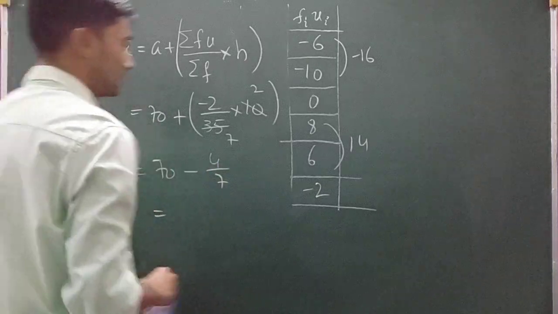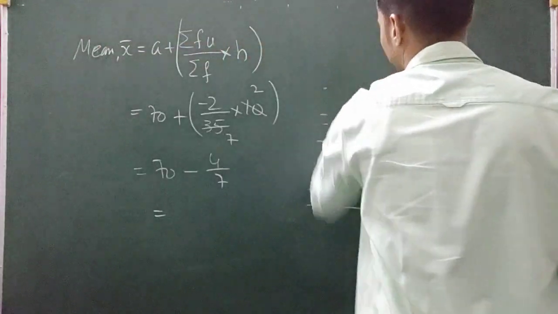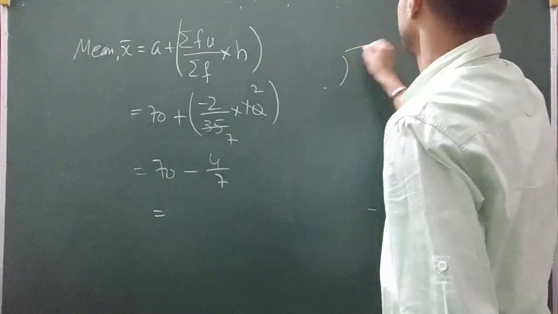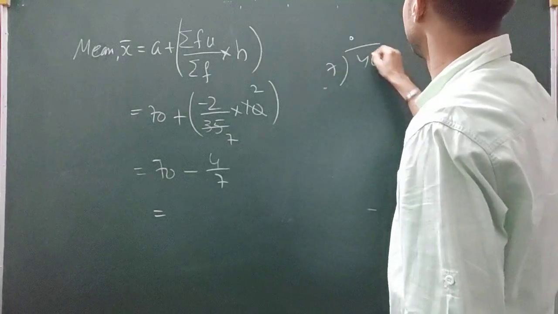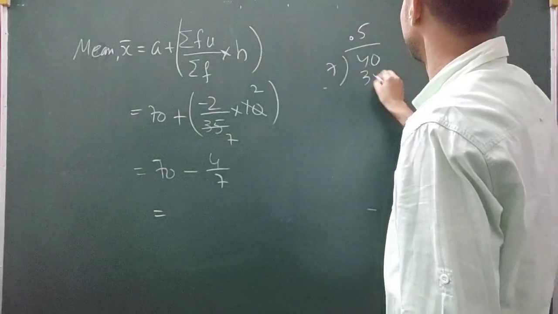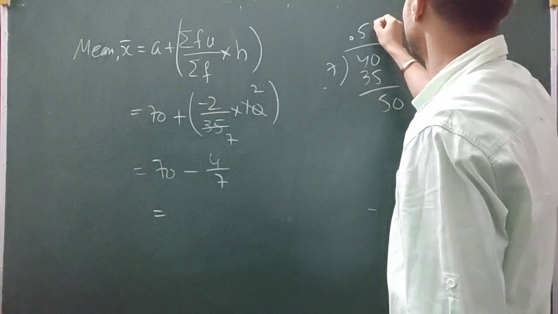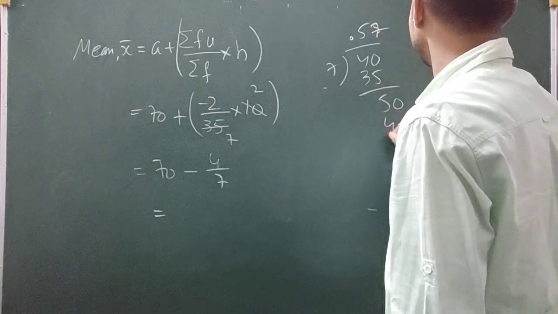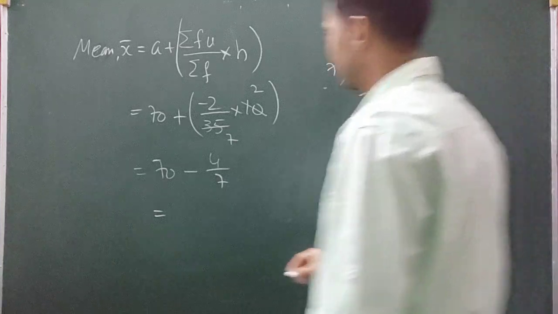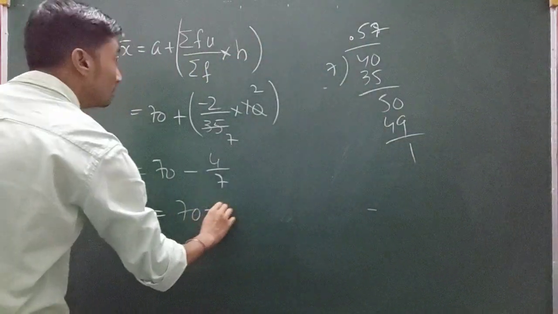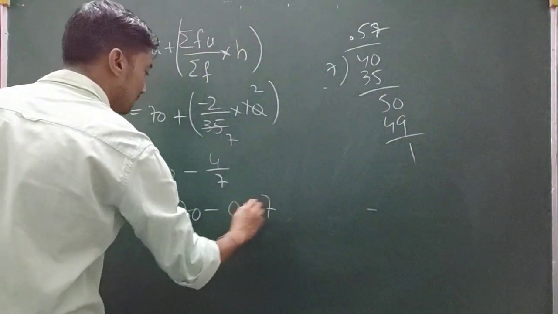So 70 minus 4 divided by 7. 4 divided by 7.0, 7 5s are 35, 5 left 0, 7 7s are 49, so 2 decimals should be enough. So 70 minus 0.57.